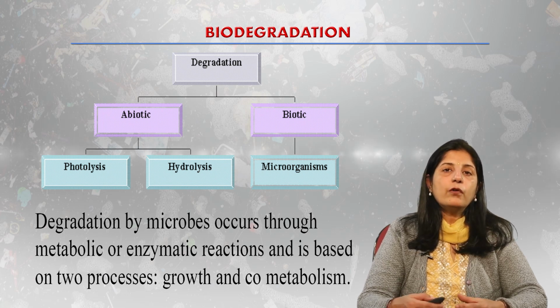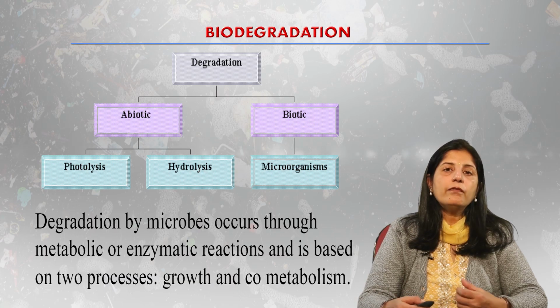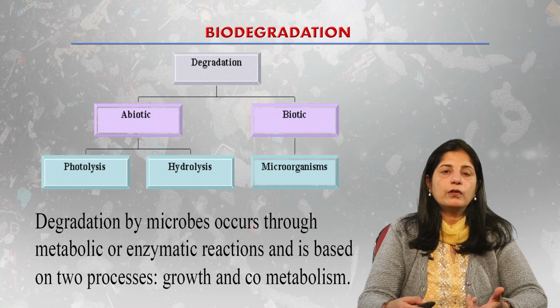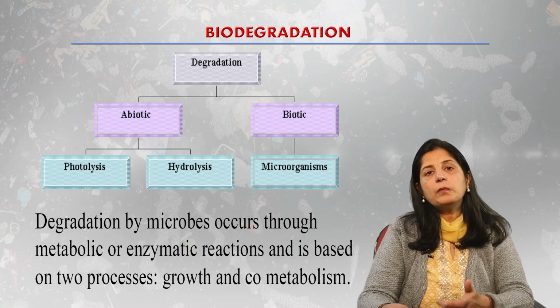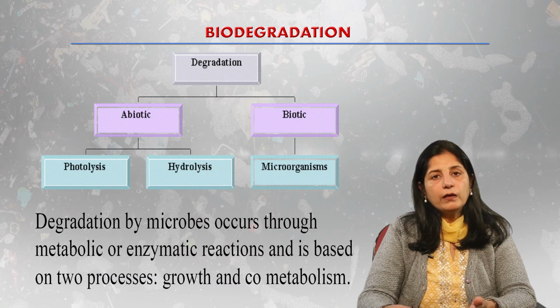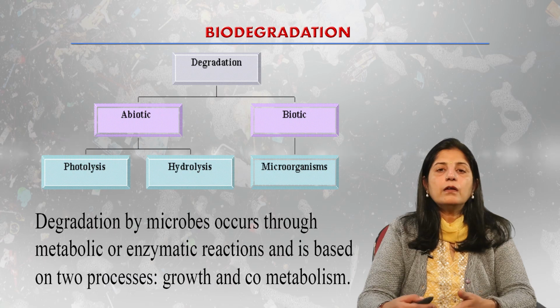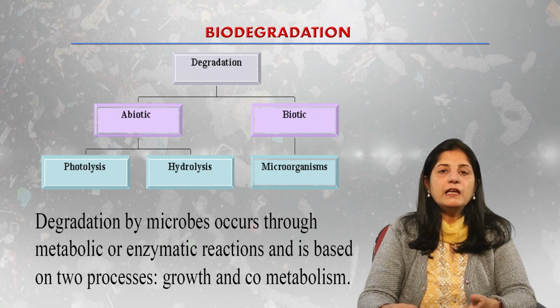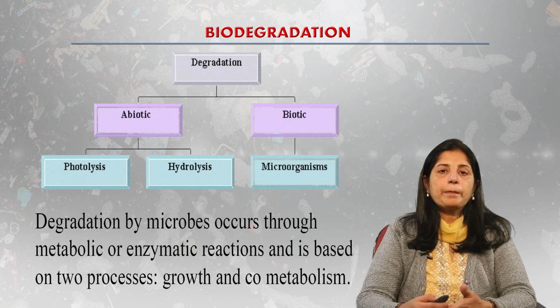This photolysis generally breaks down chemicals which have aromatic ring structures, such as PCBs. Then hydrolysis is the breakdown of a chemical through water, which is supported by sunlight or heat energy.